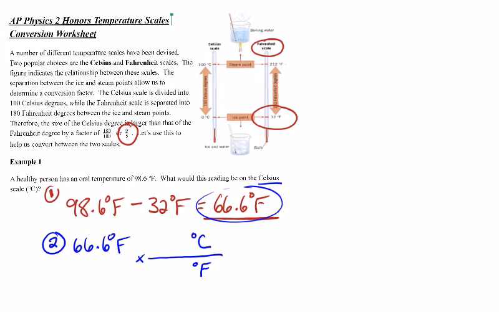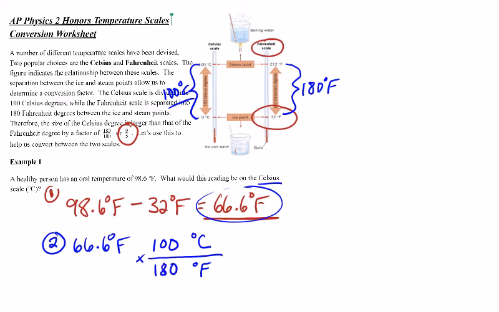Well, it comes from the range from the ice point or the freezing point up to the steam point or the boiling point. So there are 180 degrees Fahrenheit for every 100 degrees Celsius. So we're using that same range. So I'm going to put 100 degrees Celsius over 180 degrees Fahrenheit.